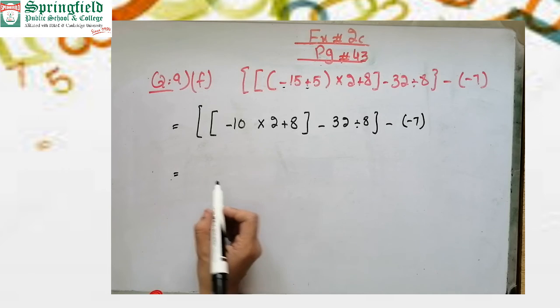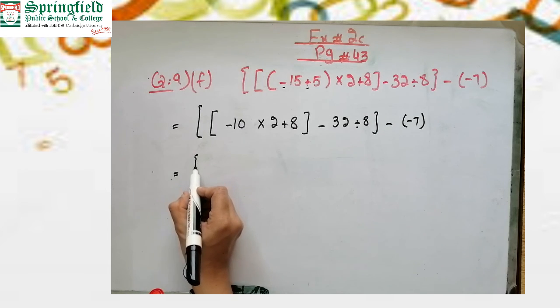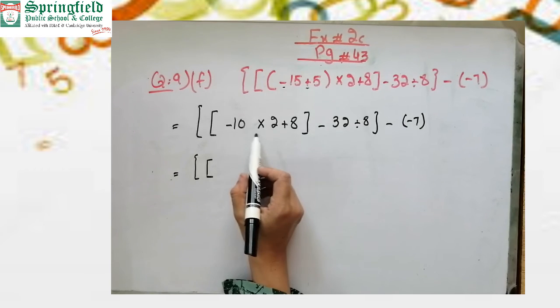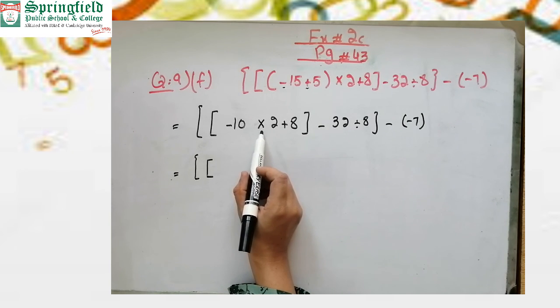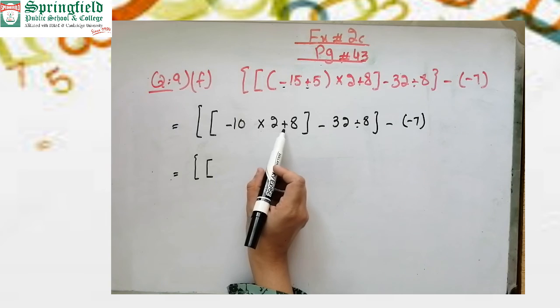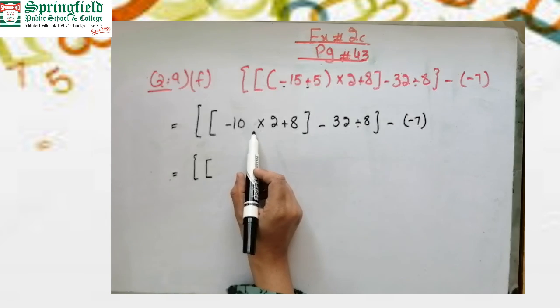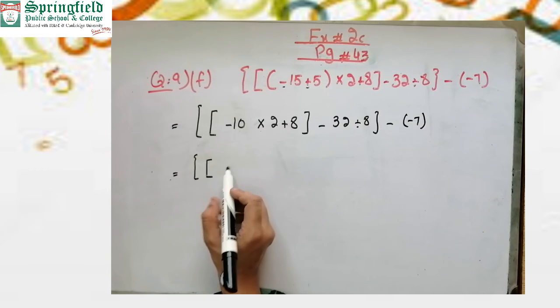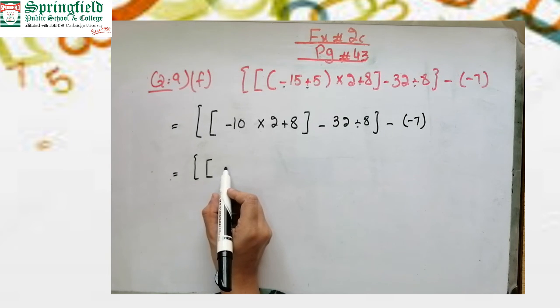We will solve step by step, right? Okay, now curly bracket, square bracket. Now look here. There are 2 operations being used, multiplication and addition. So which one will come first? Multiplication. So first we will multiply with 2, minus 10 multiply plus 2.